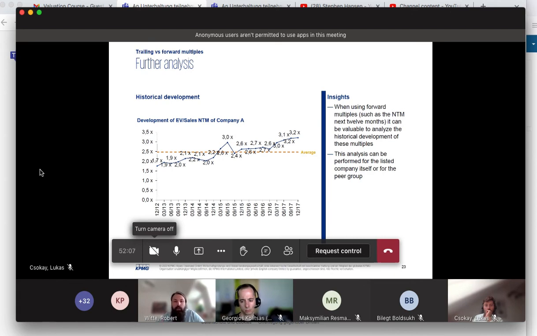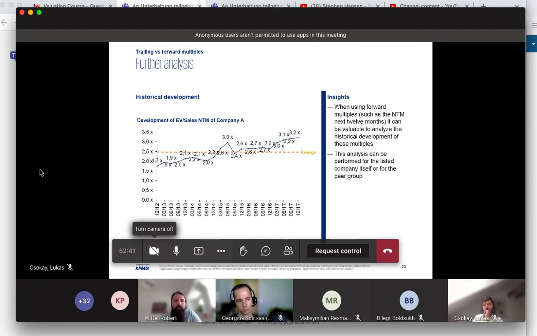And so what you can do, and this is a little bit the same with the beta factor, right? You just calculate one data point and you have one beta factor, and then you want to cross-check the reliability of that data point. And here, for example, what you see is the historical development of the EV sales multiple, right? Here we have the current market price of the company and the forecast for sales for the next 12 months.